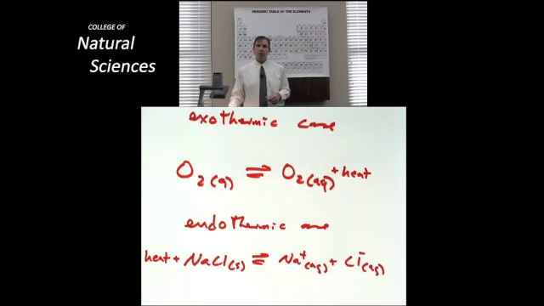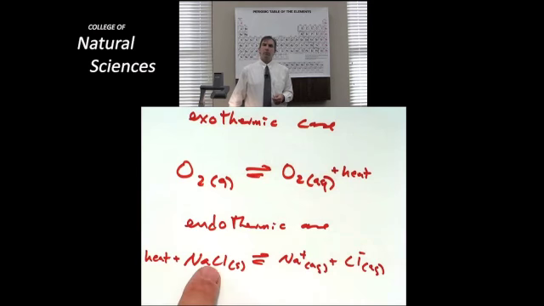As you heat it up, you make more and more sodium ions and chloride ions. So this is an interesting example of an endothermic process, one that's not all that common for salts, where increasing the temperature results in more sodium and chloride ions in solution.